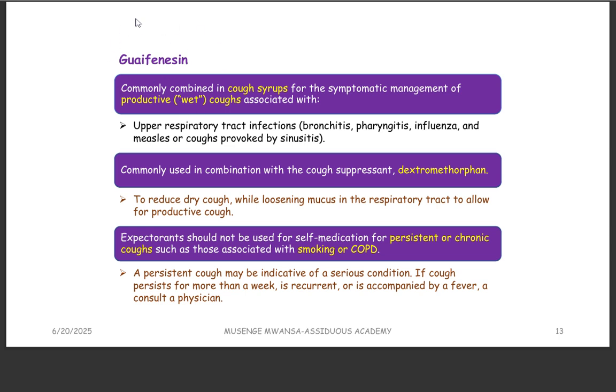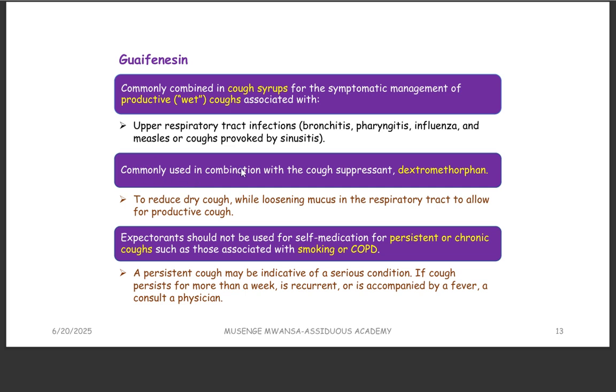So you are going to find guaifenesin there for the symptomatic management of productive cough associated with upper respiratory tract infection, like someone has got pharyngitis, bronchitis, influenza, measles, or cough provoked by sinusitis. So it can help. Remember, it is a wet cough or a productive cough.